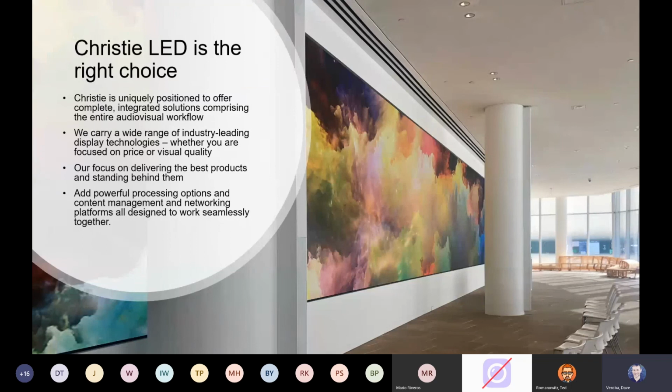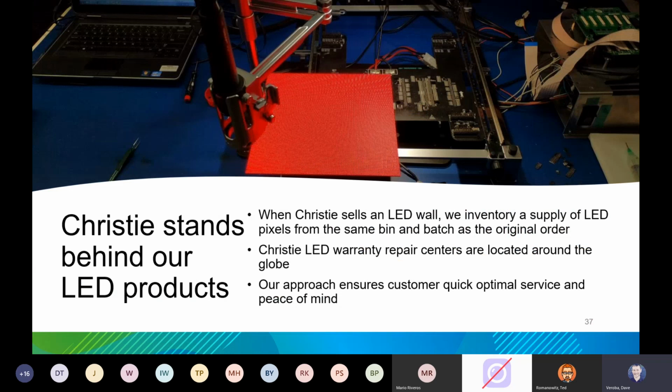As you can see, we're uniquely positioned to help you on the LED solution side with our advanced mechanical design, our engineers that are on the job, and of course, we have an integrated solution that has all the pieces in the solution stack that just work together, and you can get them all from one source. We also stand behind our products, as Ted said, and we have the strongest warranties on the market.